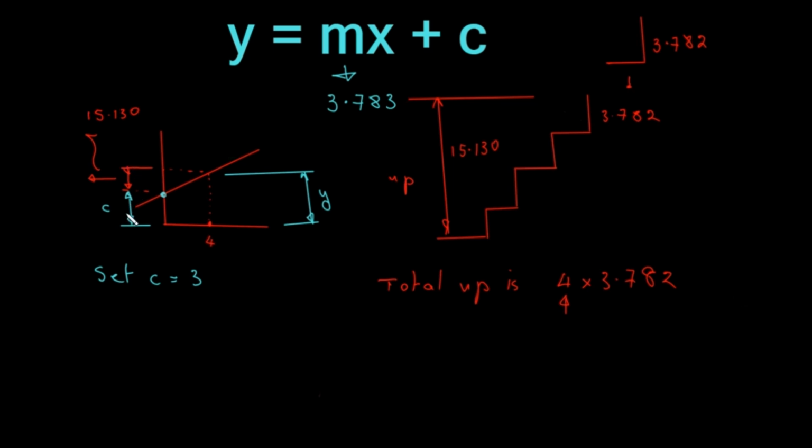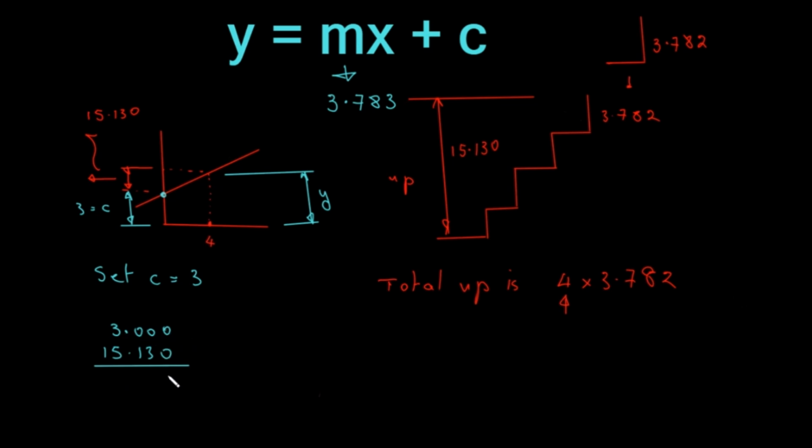We add them together. So if that is 3, we have the 3 plus the 15.130 approximately. Now if you like, you can put zeros in there. You put as many zeros as you like to the right of the decimal point. It will not change that value.